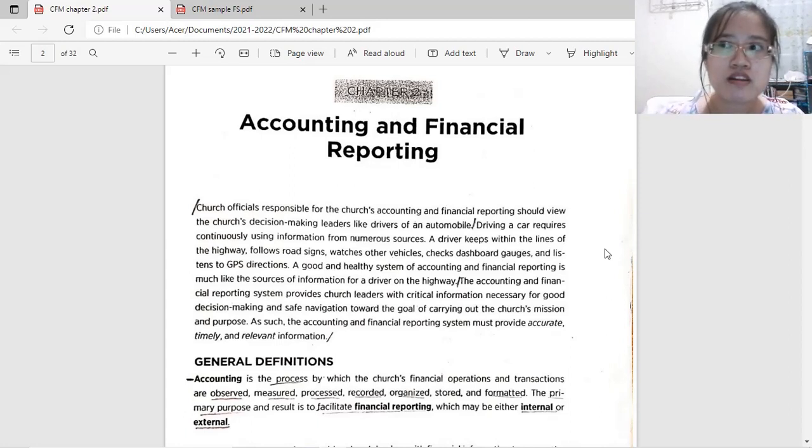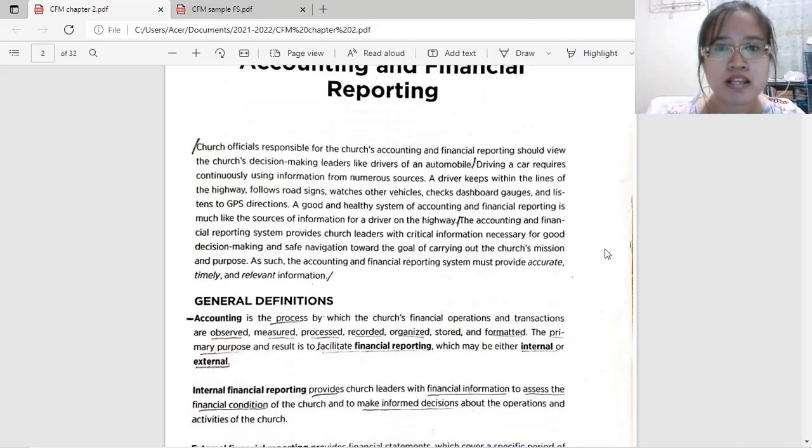The importance of understanding financial reports is for you to be properly informed about the financial situation of the church, and to make decisions that would hopefully help improve the financial situation of the organization or the church.